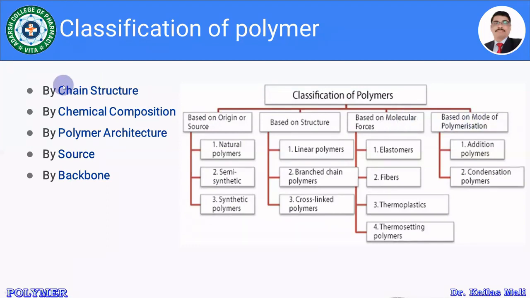We are going to discuss the classification of polymers according to their chain structure, chemical composition, polymer architecture, source, backbone, and also it is possible to classify the polymers according to their degradation, that is biodegradable and non-degradable polymers, isn't it? So this is the broad classification of the polymers.